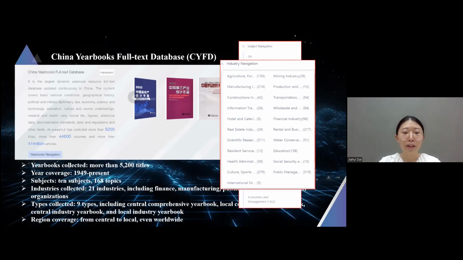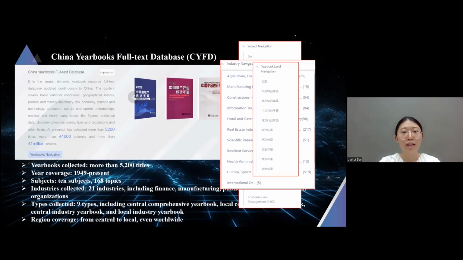The CYFD includes 21 industries, including financial industry, manufacturing industry, public management, and social organizations. It also covers 9 types of yearbooks, including Central Comprehensive Yearbooks, Local Comprehensive Yearbooks, Central Industry Yearbooks, and Local Industry Yearbooks.